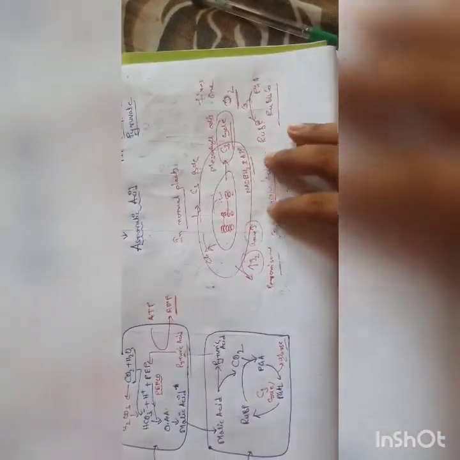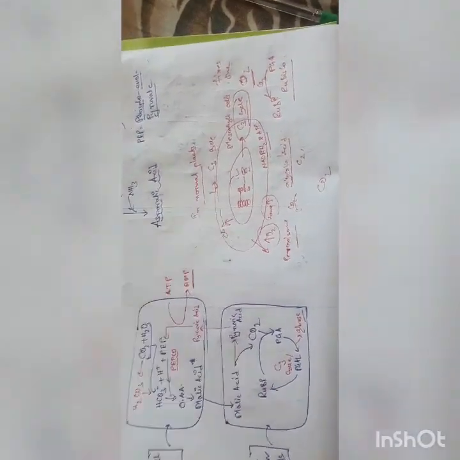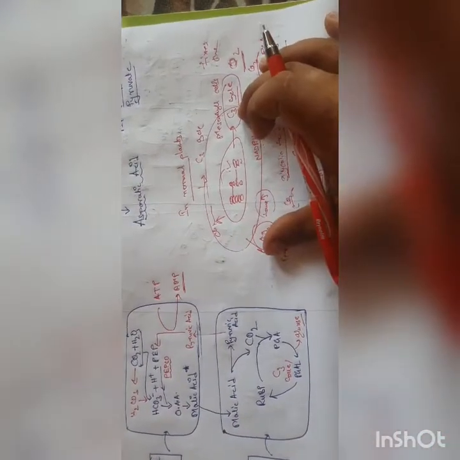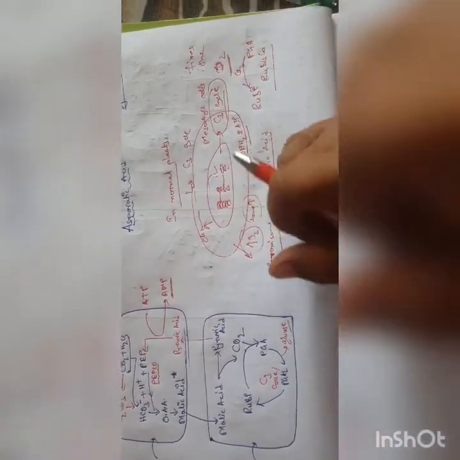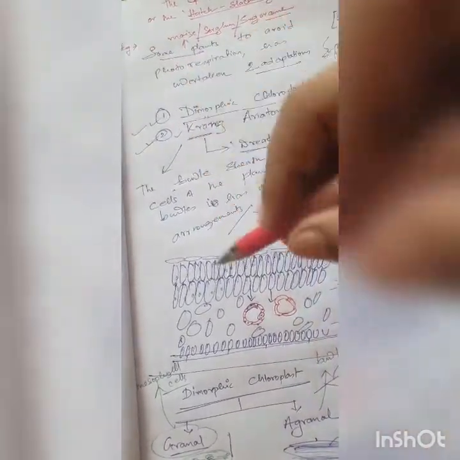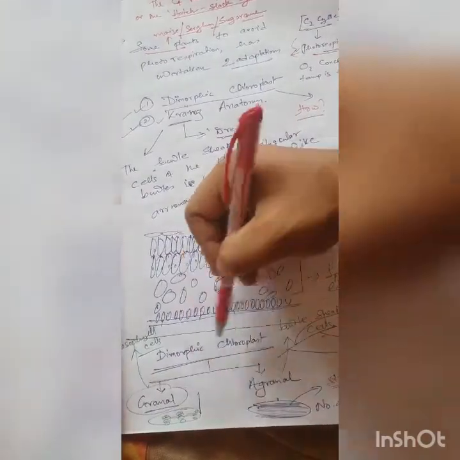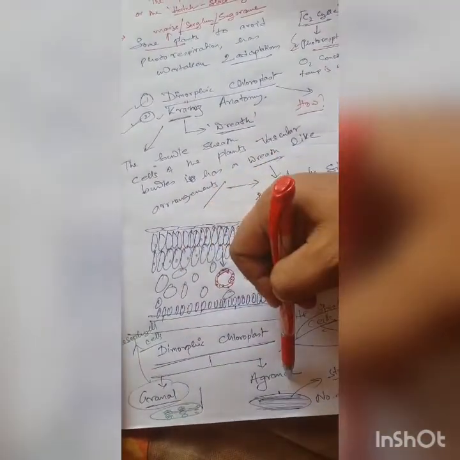But now the fact is this, that when this is happening in the chloroplast only, and the chloroplast is situated in the mesophyll cells and the top layer, palisade cells, what they have done is they have made 2 types of chloroplast, that is dimorphic chloroplast, one granal and the other agranal.